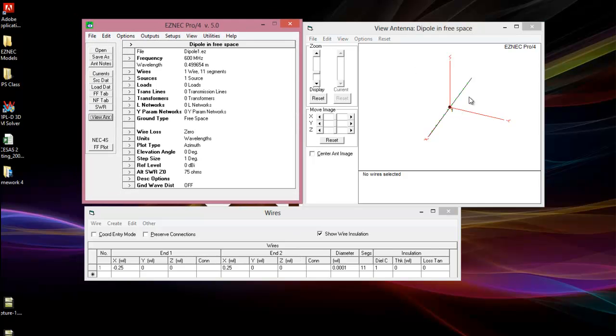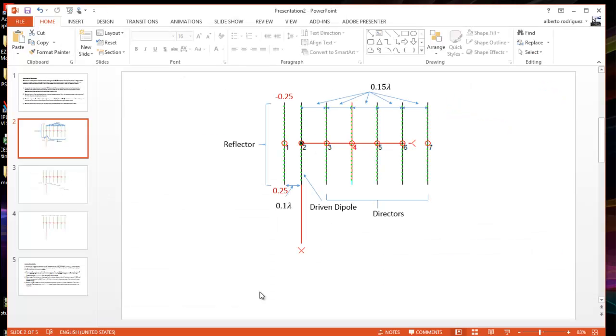So we have our driven element right now. The other thing that we need to do is also enter the reflector, the driven element, and the other elements, the directors. From here to here, the distance is 0.1.